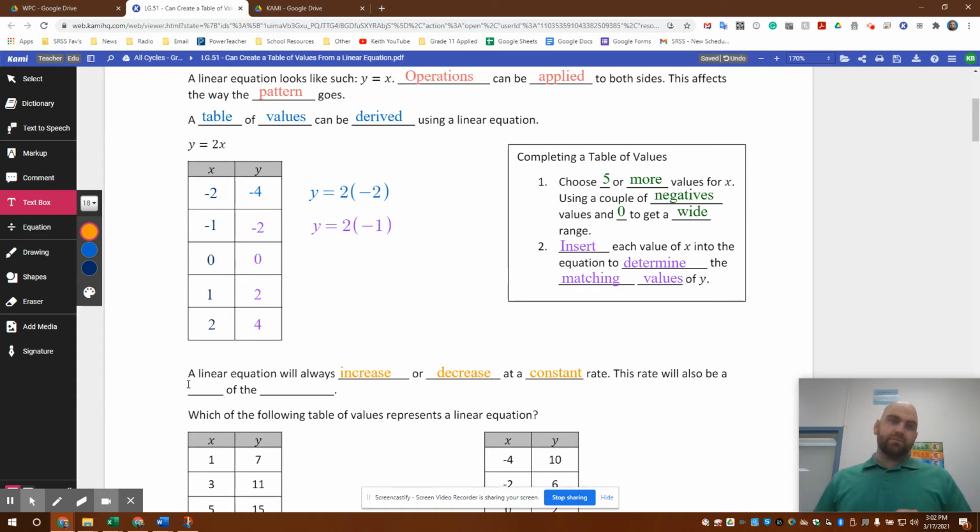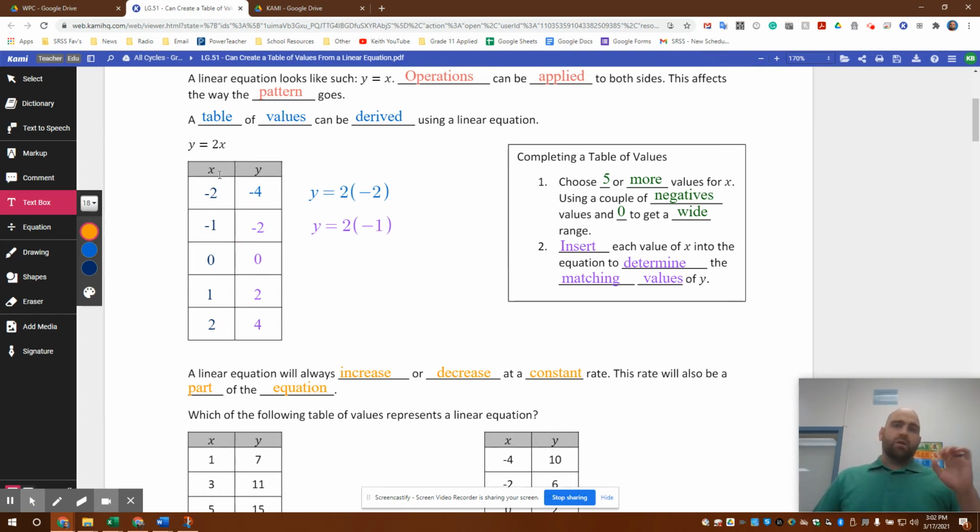This rate will also be part of the equation, and I'll show you that as we go. It's always going to go up or down by a constant rate, and that is both the x and the y. You'll notice that the x is always going up by 1. The y is always going up by 2. So we have a 2 in here. That's in fact part of the equation that we're going to see in our table of values.